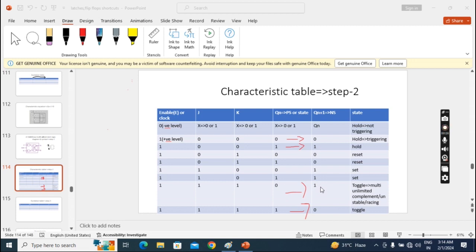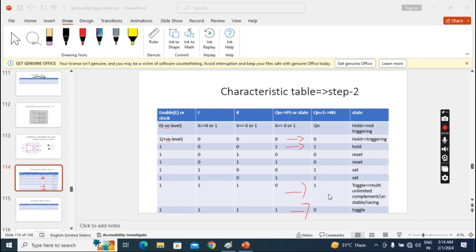But the output won't be just a 1 after complementing one time. It will change continuously, 0 to 1, again 1 to 0, 0 to 1, like that. That continuous complementing is called a toggle. Continuous, repeated, or unlimited complement is called a toggle.